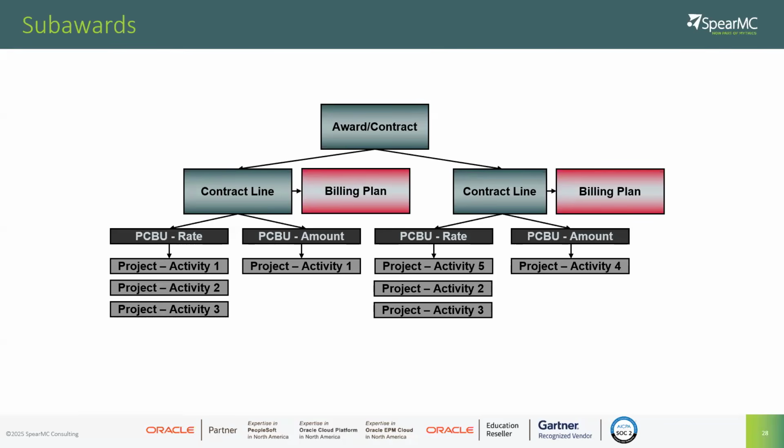One award could have multiple contract lines. Each of those contract lines, if it's rate based, could have multiple projects and activities. We could have one contract line billing based on time and materials on a rate basis, or it could be an amount based contract line. So lots of flexibility here on how you want to manage your award.